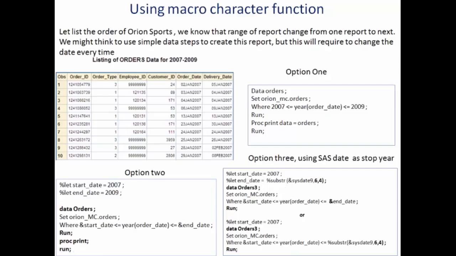Here the substring function is used with an automatic SAS macro variable, the SAS system date. So it is used on the system date, and that is the best part of substring. In substring we usually refer to macro variables that could be automatic or user defined.